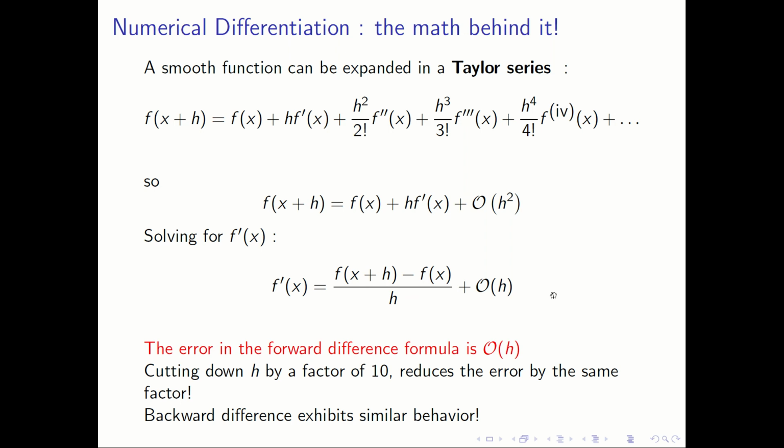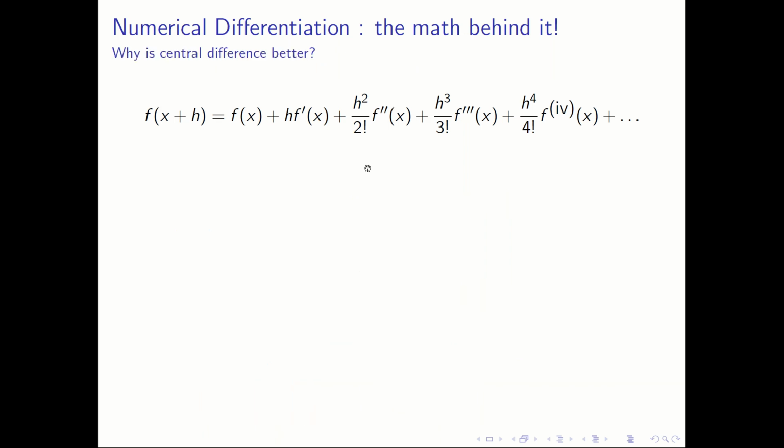Now backward difference, you can easily convince yourself, has a very similar behavior. To get to backward difference, all you need to do is write f of x minus h here, which of course involves changing the sign of h in all the odd terms. Of course the even terms stay the same, and a very similar calculation will tell you exactly that the backward difference formula is also an approximation of the same order, that is, it also has an error of the order h. Now what about the central difference formula?